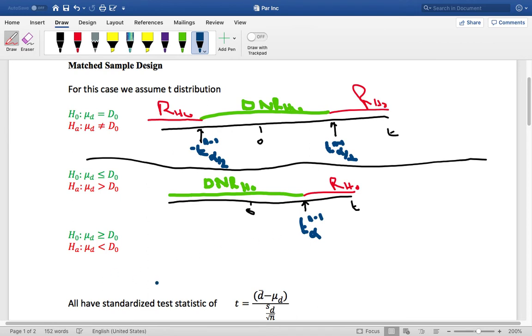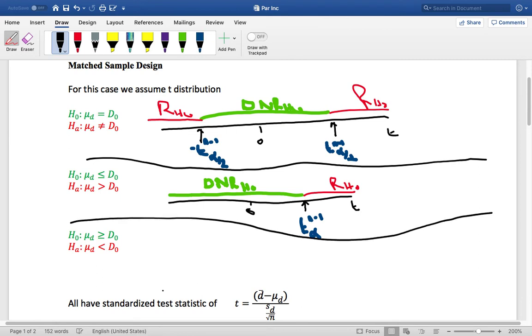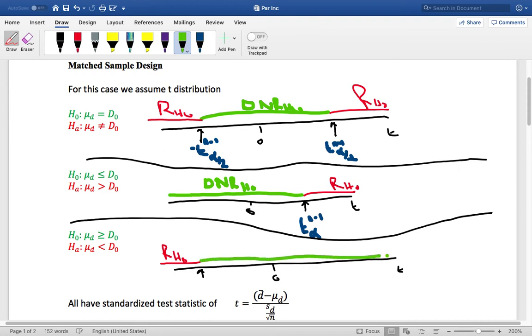And finally, this last scenario down here is going to be a one-tailed test. Rejection to the left, so 0 in the middle, t distribution, rejection to the left-hand side, so your critical value is going to be right there, and we're going to put reject H0 over here, and do not reject H0 to the right of this, so do not reject H0 along here.